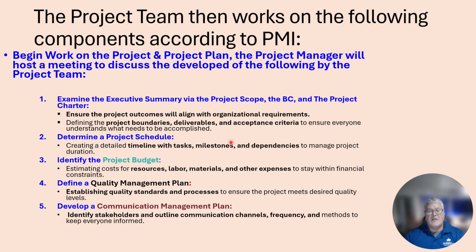They're going to define the project boundaries. They're going to discuss the deliverables and even an acceptance criteria. They'll determine the project schedule. They will outline tasks, milestones, and dependencies. They'll work on the project budget. That's a big one. They'll do estimates for labor, for other resources, materials, and key expenses.